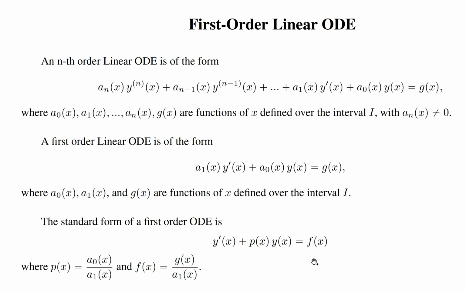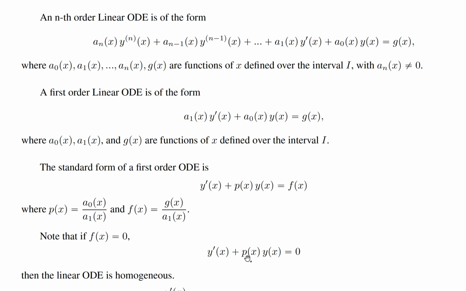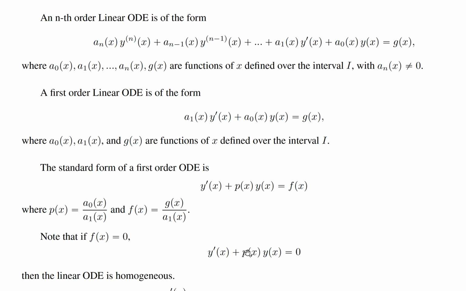In case the function f of x is equal to 0, then the first order linear ODE is called homogeneous.